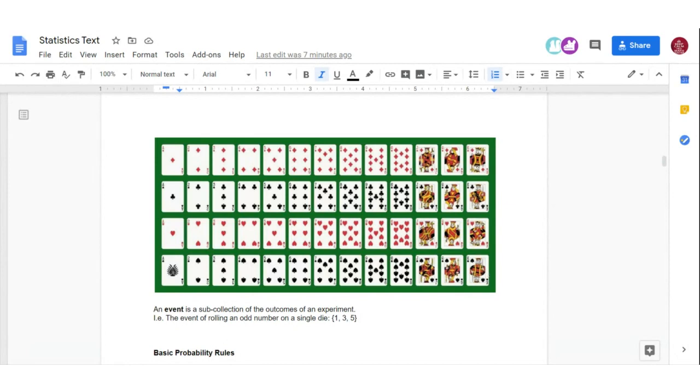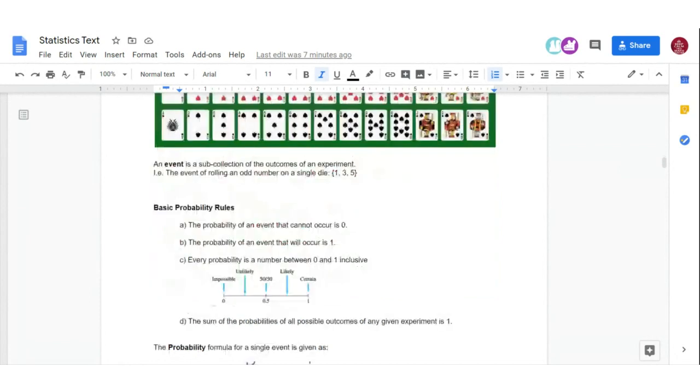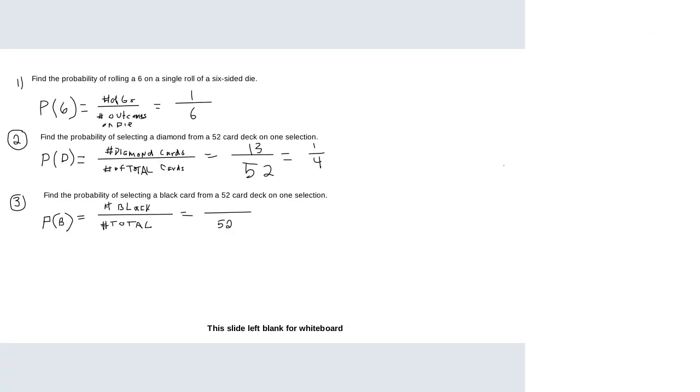So that means there's 13 plus 13, so it's 26. And again, hopefully you can see that 26 will go into itself once and into 52 twice. So this is 1/2. So essentially what that means is that 1/2 of the deck has black cards in it and 1/2 has reds.